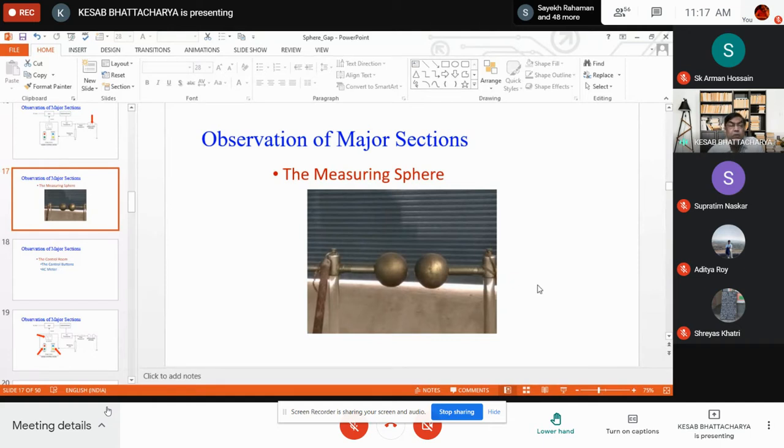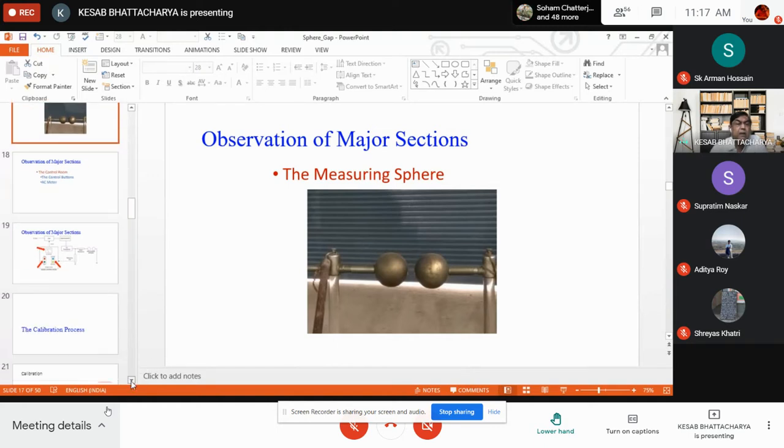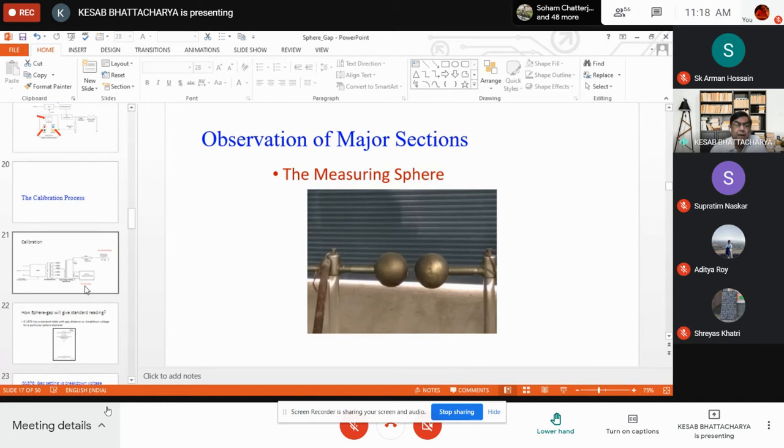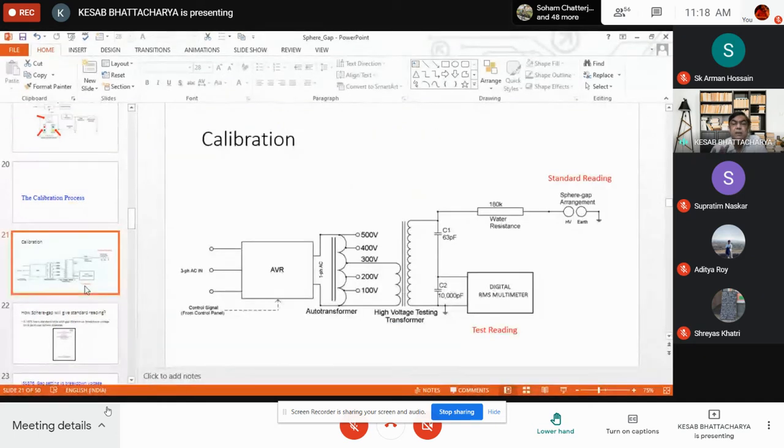But prior to that, I tell you the first slide, this one. This is the circuit diagram which is used in our laboratory to perform this experiment. We shall explain this circuit diagram, but I will request you to have a look at the major components or major equipment used in this circuit.